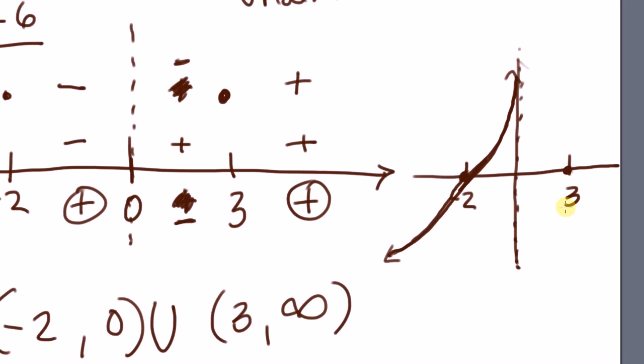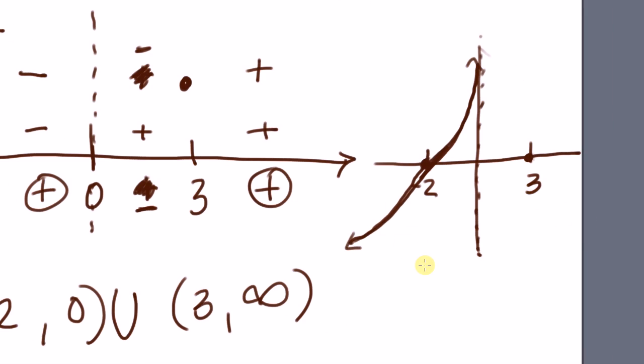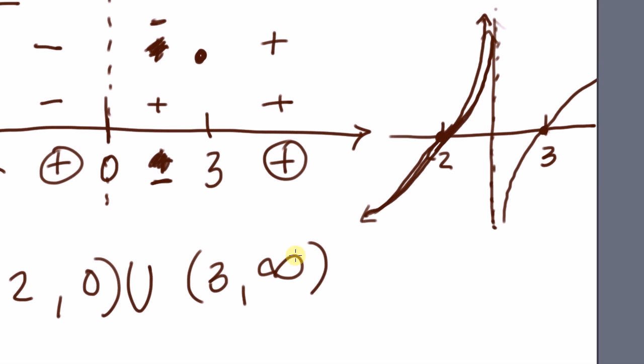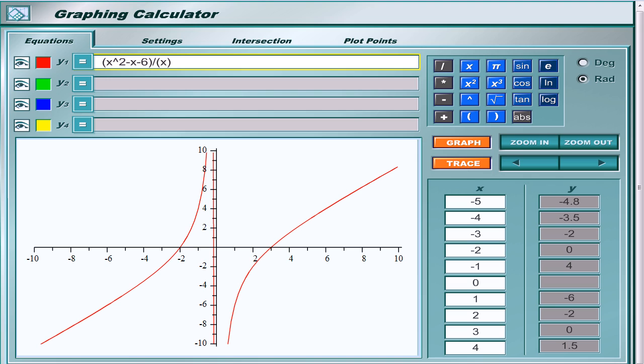I'll graph it on a calculator too, just so we can see it. Maybe my graph is ugly. And then on this side, in between 0 and 3, they're negative. And then from 3 to infinity, they're positive. And actually, this should mimic this one. So this line, I think, should be more something like that. Alright, let's pull up this calculator.